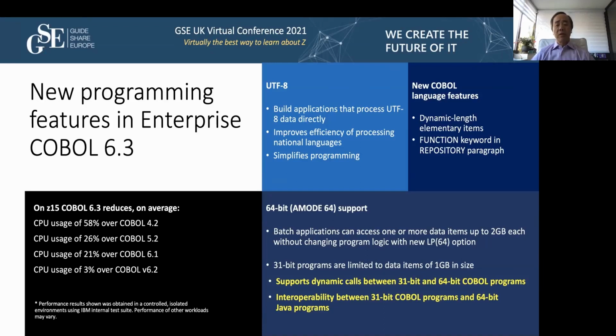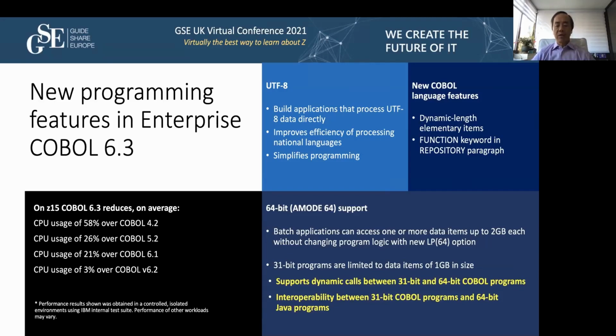Recently, actually a month ago, we provided support for dynamic calls between 31-bit and 64-bit COBOL programs, because as you are trying to modernize the application to handle more data, you can write a 64-bit application to handle that, but the rest of the application is going to remain in 31-bit.